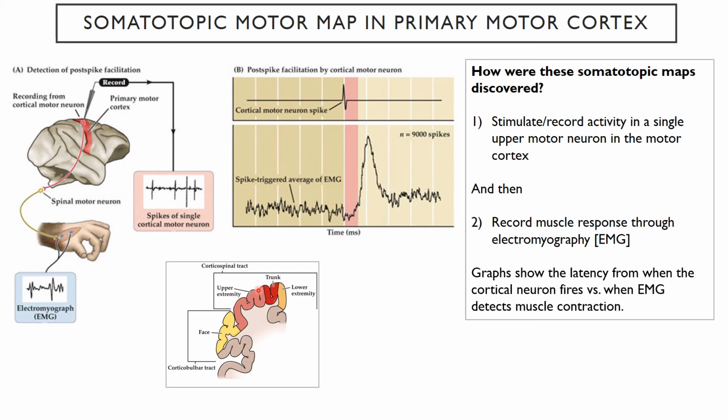And you can go through the motor cortex and stimulate in here, and you'll see muscles in the upper arm contract. Stimulate right here, you'll see muscles in the hand contract, and you can see the EMG response. You can even see the muscles twitch. Stimulate right here, you will see the face contract. By doing this, you can map out what this somatotopic map looks like.